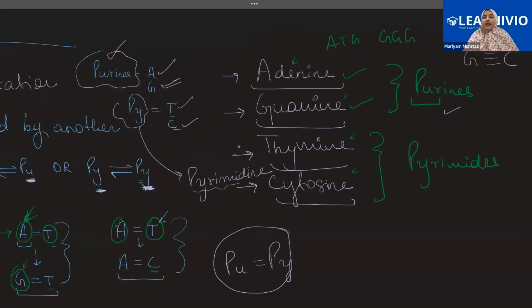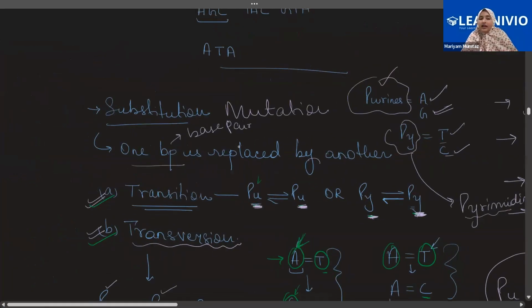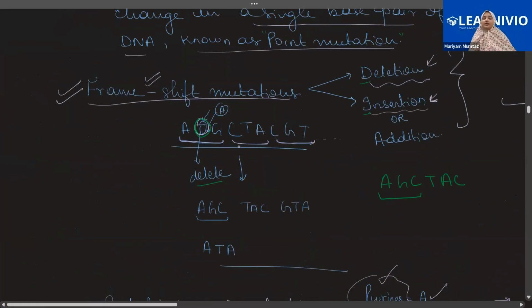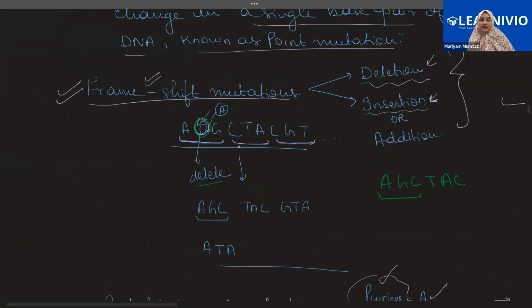Now let us see frame shift mutation. Whenever the genetic code is made, it is read like A, T, G, C. It can be random things like that. All the nitrogenous bases are arranged in a sequence, and the sequence can be very random.